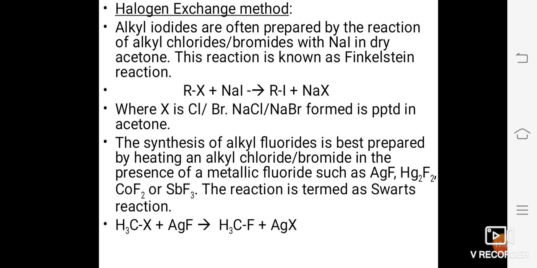In the example below, CH3X, where X can be a chloride or a bromide, if treated with silver fluoride, we get CH3F, that is an alkyl fluoride, and a precipitate of silver halide which can be filtered off.